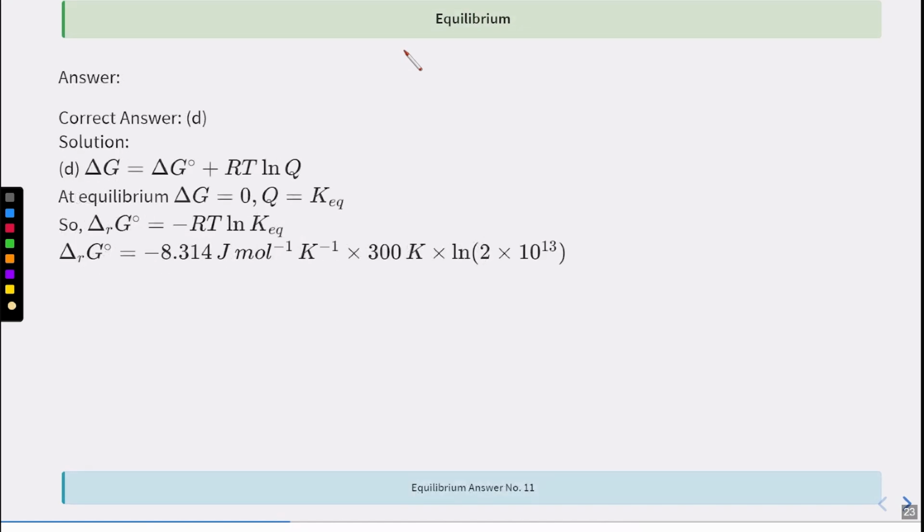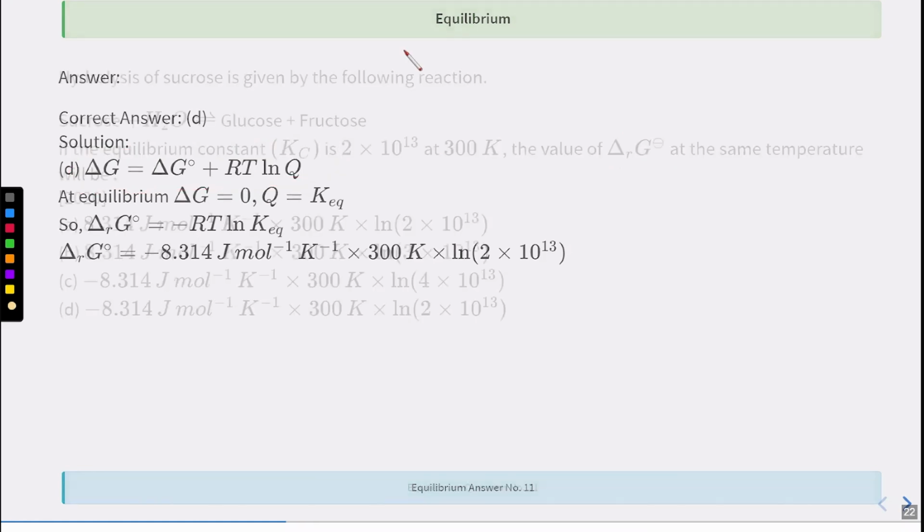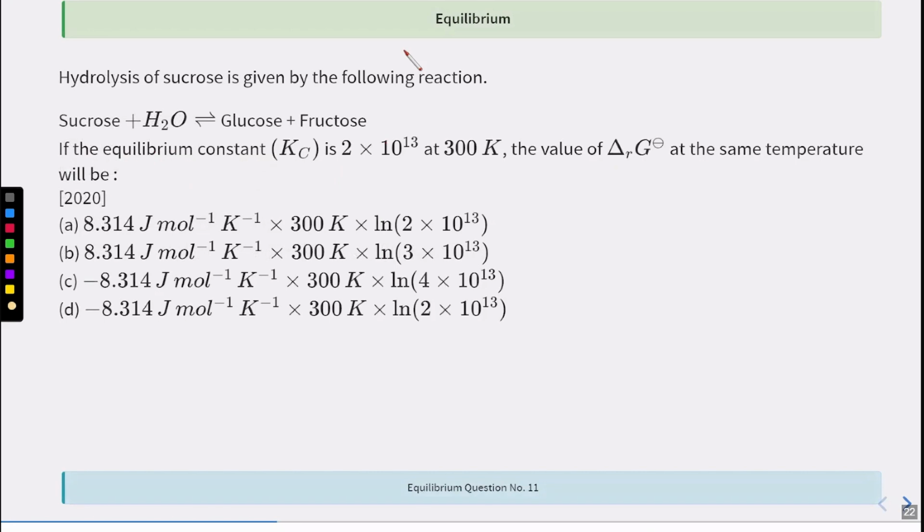Okay. So now we know that this is the formula of delta G, right? Now what we have to do is consider this particular formula at equilibrium. And we know that at equilibrium, delta G will actually be equal to 0. Delta G will be equal to 0, not delta G naught.